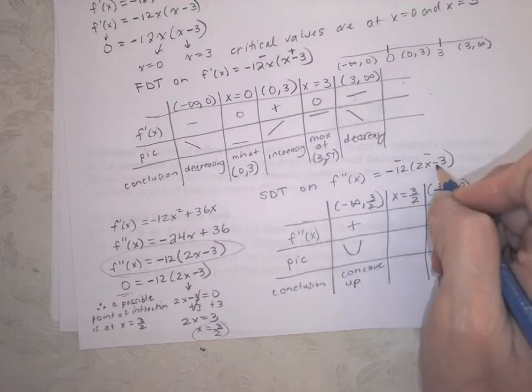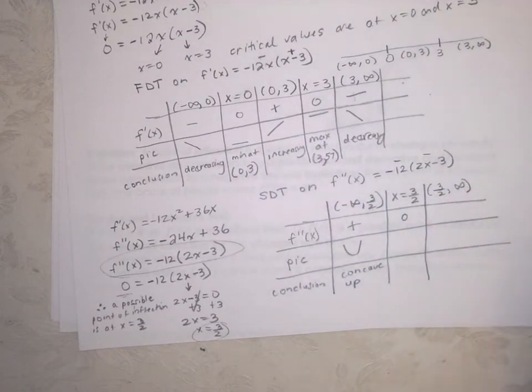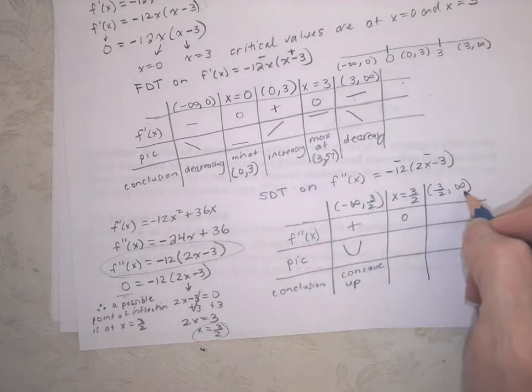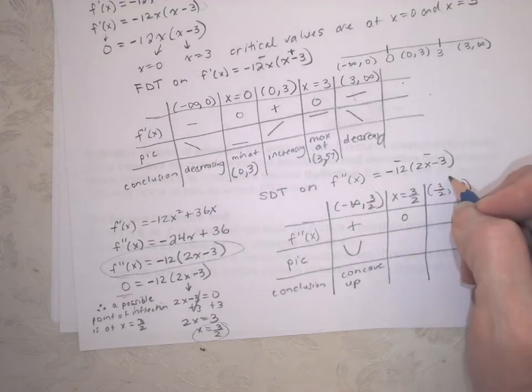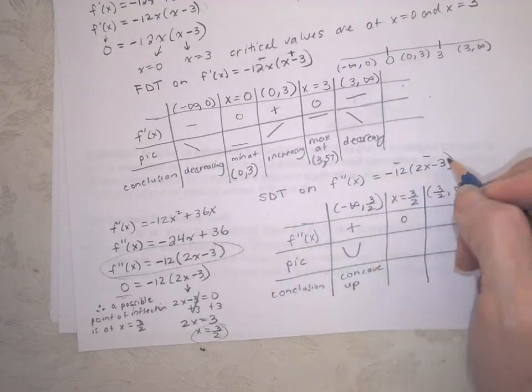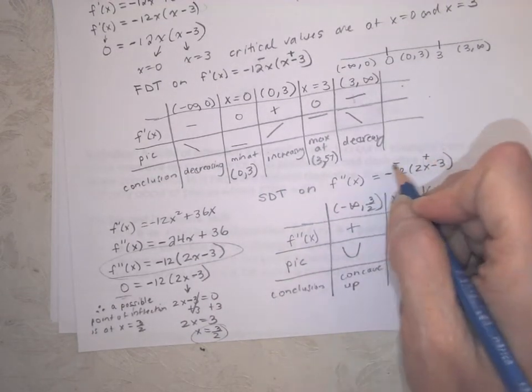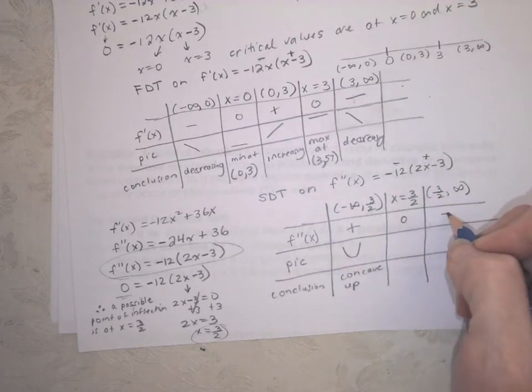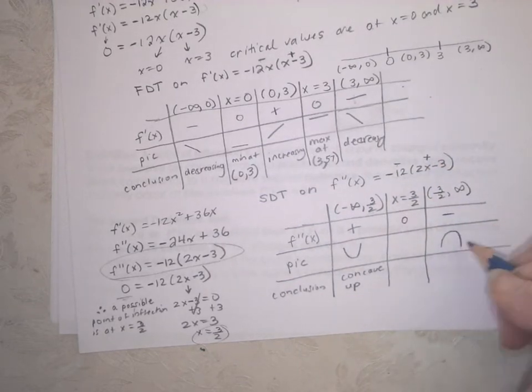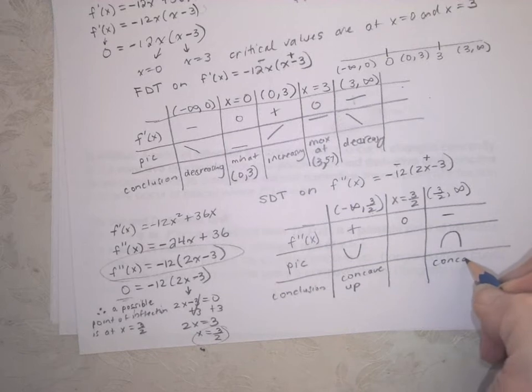When x equals 3 over 2, we get 0. From 3 over 2 to infinity, a number like 2, for instance, this is going to be negative, this is going to become positive, and a negative times a positive is a negative, which means we're going to be concave down.